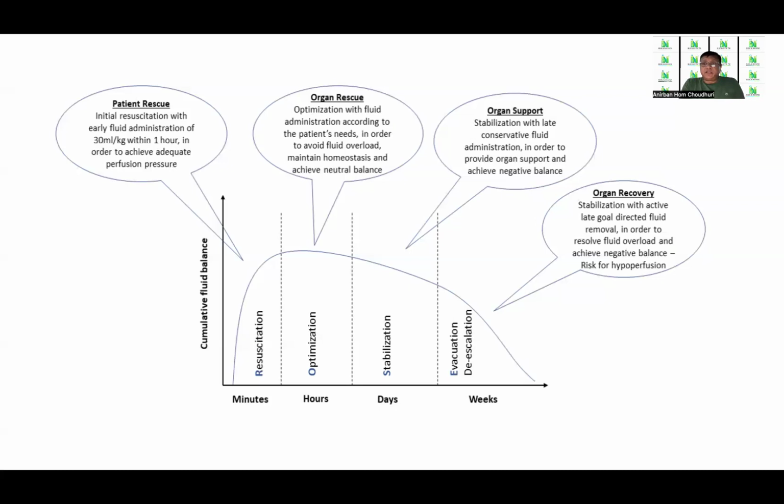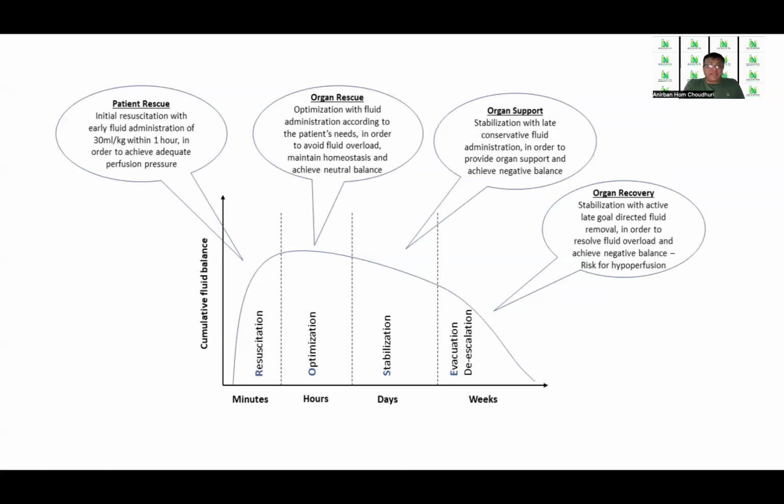And finally, when the organ recovers, there is de-escalation with active late goal-directed fluid removal in case of overload, where we may need to evacuate the extra fluid that has accumulated in the body by administering diuretics, RRT, etc., in order to resolve the fluid overload and achieve a negative balance, because that puts the patient at risk of hyperperfusion.